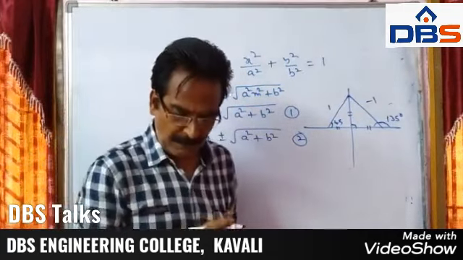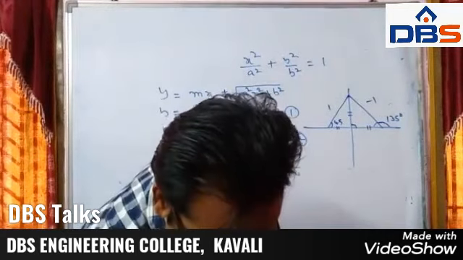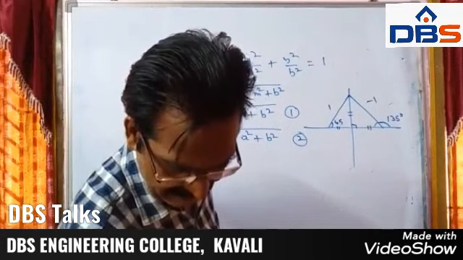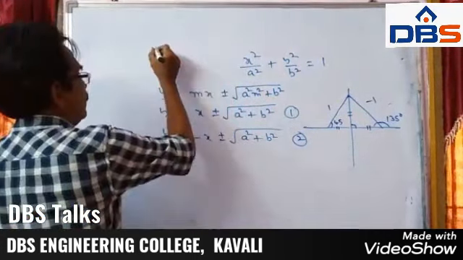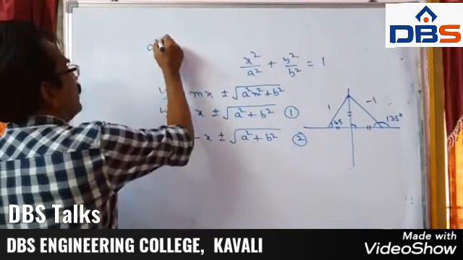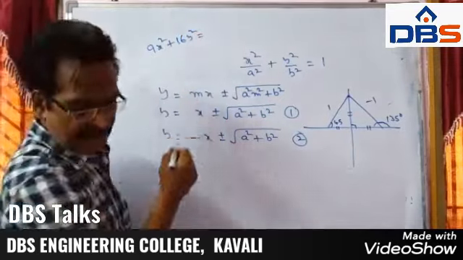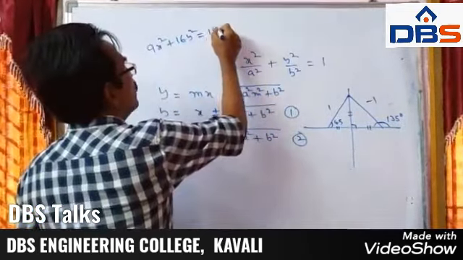So let us do one problem based on this. Find the equations of the tangents to 9x square plus 16y square is equal to 144.